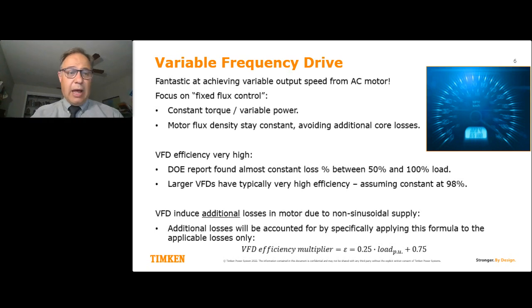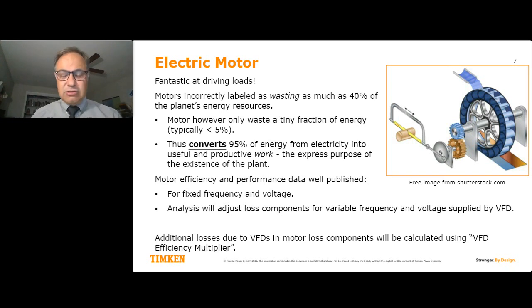Looking forward to my electric motor: electric motors are fantastic at driving loads. These days we can use horses to ride on and not drive our mill. Motors, unfortunately, have been incorrectly labeled as wasting as much as 40% of global energy resources. One report even said 60%.